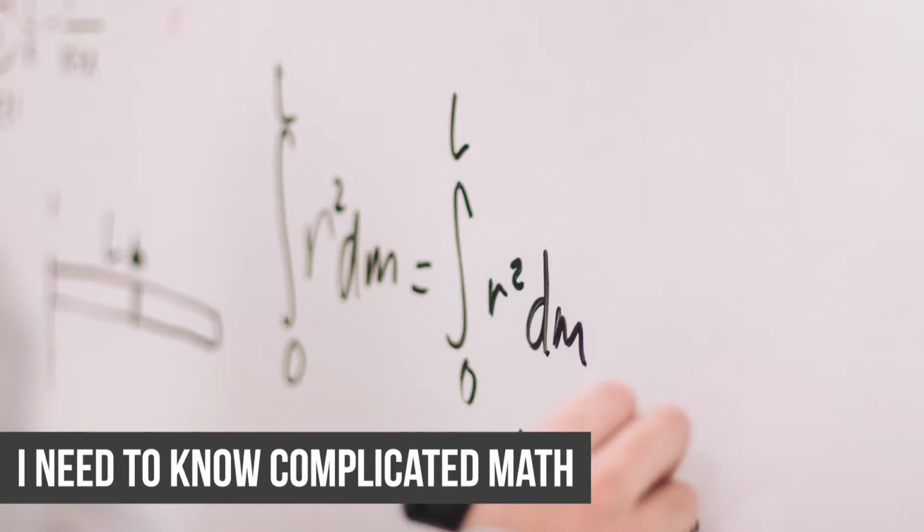Okay, I see lots of people being stressed out by this myth, which is that I need to know complicated math. As a beginner, the kind of math that's involved is very basic. Obviously arithmetic, you must know how to add and do your basic arithmetic. But also, really, you just need to know really basic vector math. So if you're not familiar with that, Khan Academy has a whole bunch of free content out there for you to learn very basic vector math.